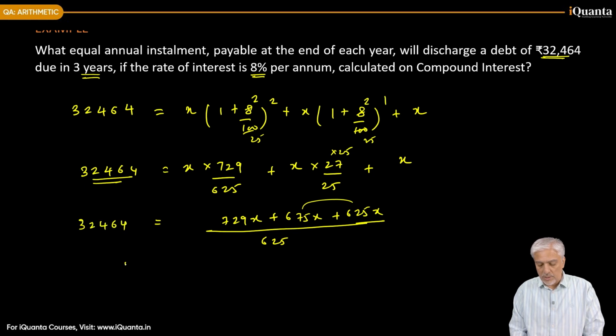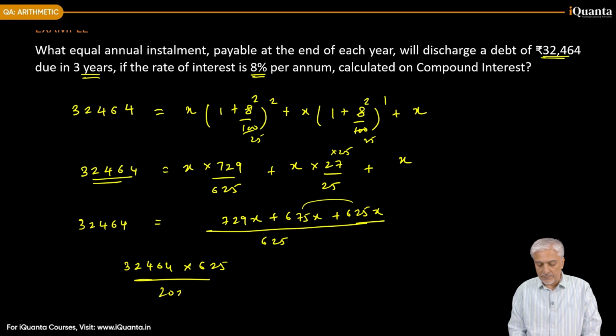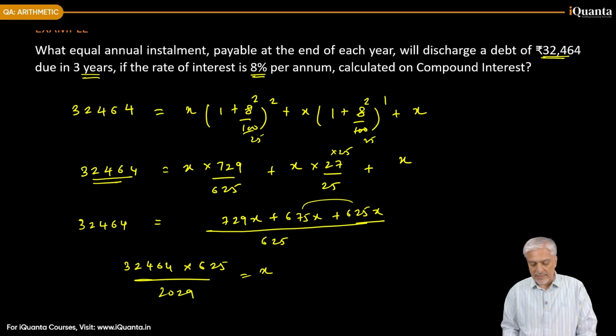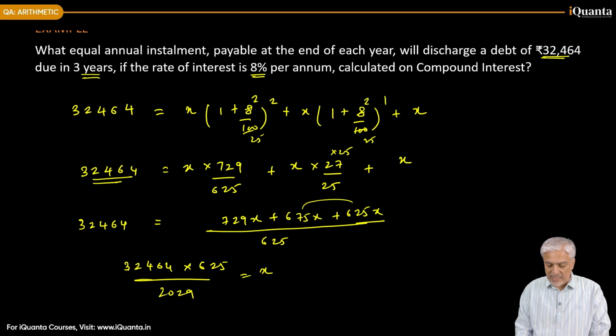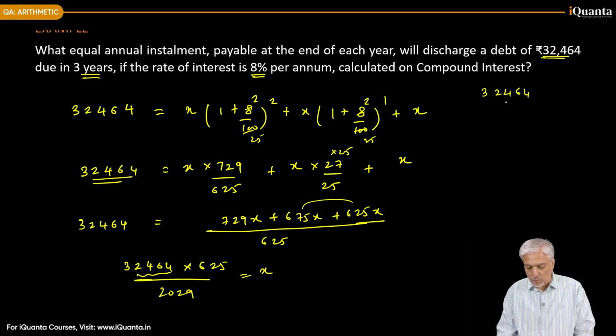32464 into 625 divided by 2029 is equal to x. Now I can see first time it will go. What I can do is I can just go to the rough work and factorize this number. 32464, I can start dividing by 4. 4 8s are 32, 4 1s are 4, 4 6s are 24.